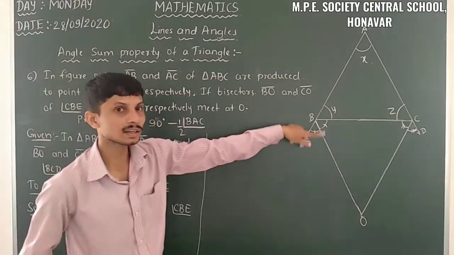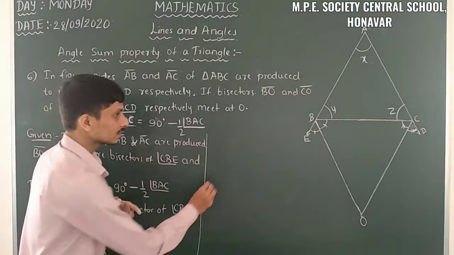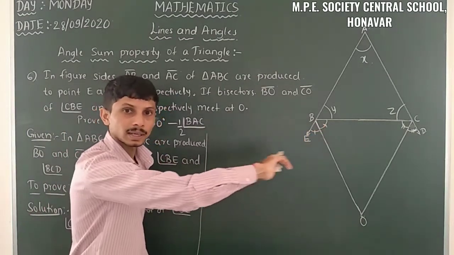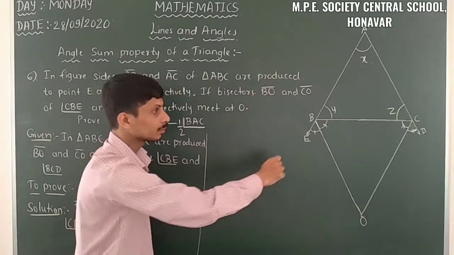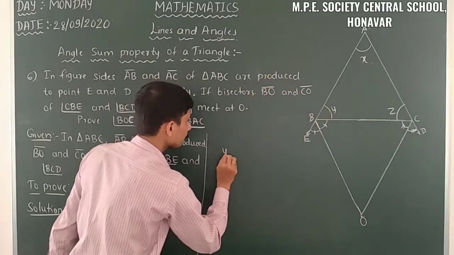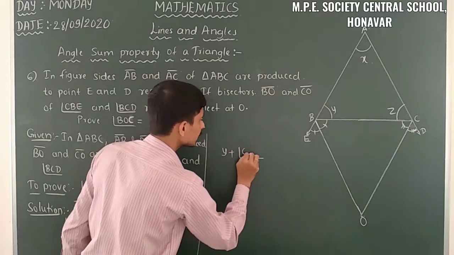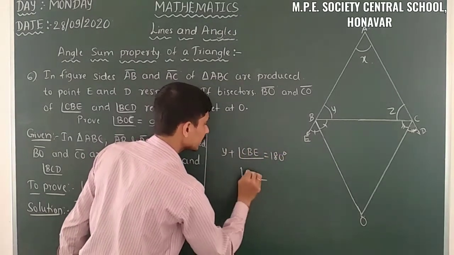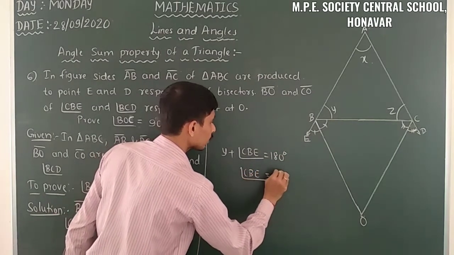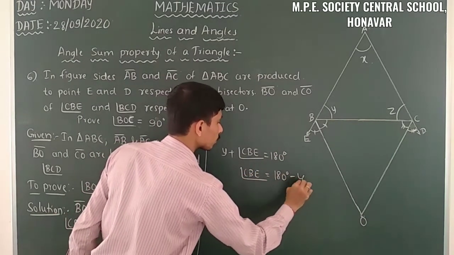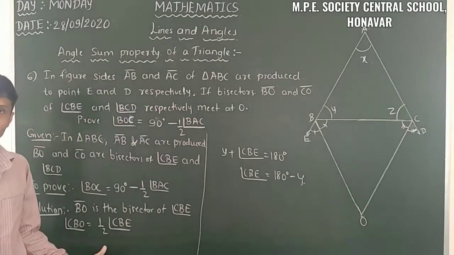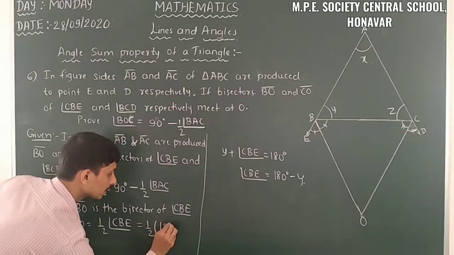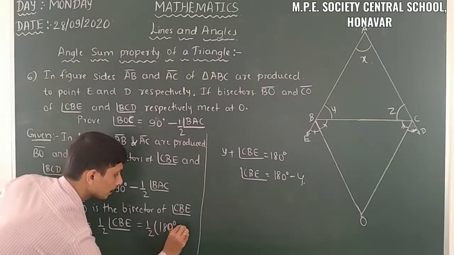That means the adjacent angle formed is 180 degree. So I will take this as a part here. Then when a ray BC stands on AE, y plus angle CBE is equal to 180 degree. Then angle CBE is 180 degree minus y. So substitute here, it is equal to 1 by 2 into 180 degree minus y.